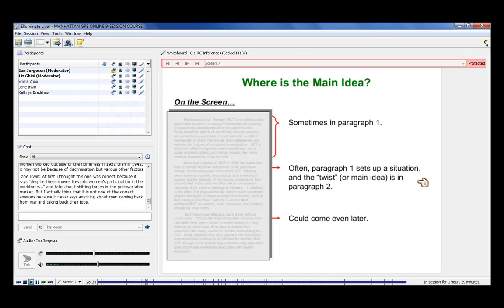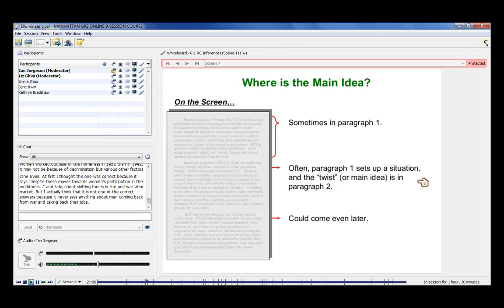Every time you find one of these, you can point to the specific language that clued it in. On the other hand, it's harder to say ahead of time how they will write it, because the English language is very flexible. But look for language that establishes that a twist is coming, or something new, something interesting, something going against what came before. When you see that, it really helps you understand the passage as a whole.